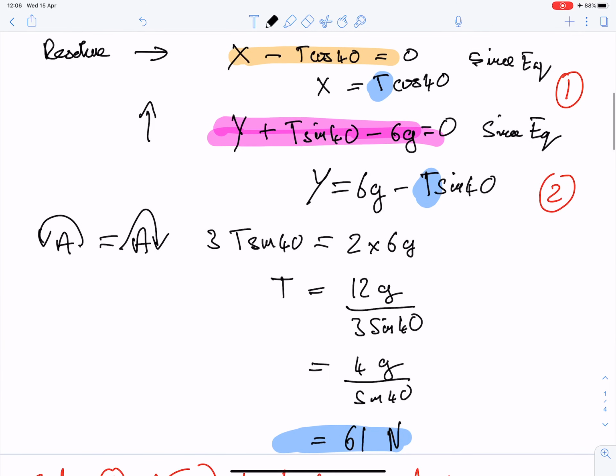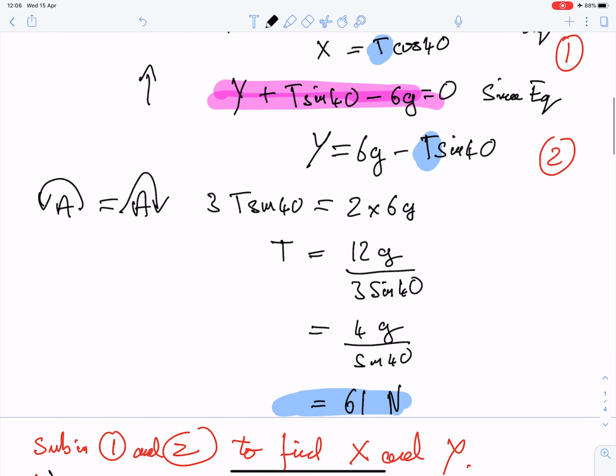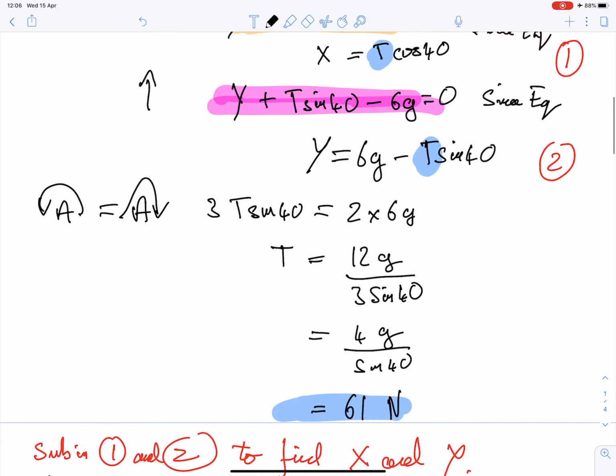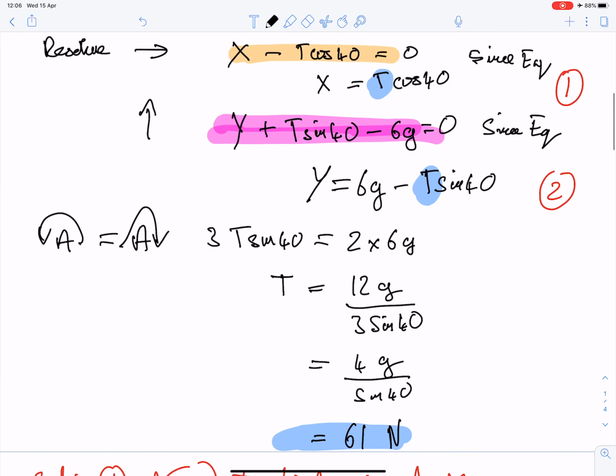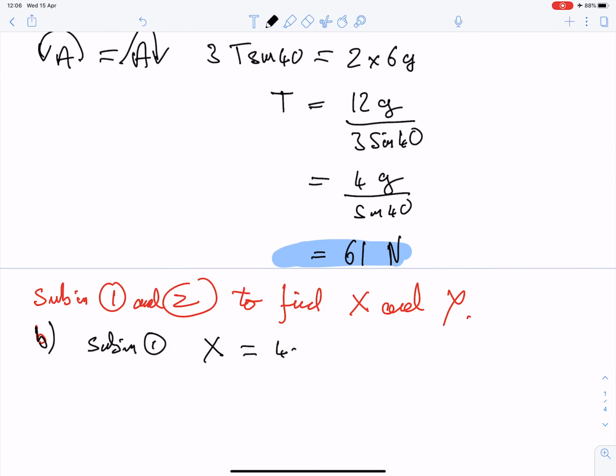So we're subbing into equations 1 and 2 to find X and Y. Okay, and we're needing to do that because the question said, find the magnitude and direction of the force exerted on the rod by the wall. So we're looking for X and Y to find part B. So we're into part B now.